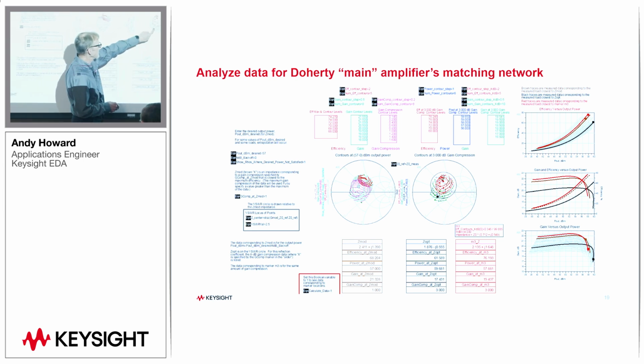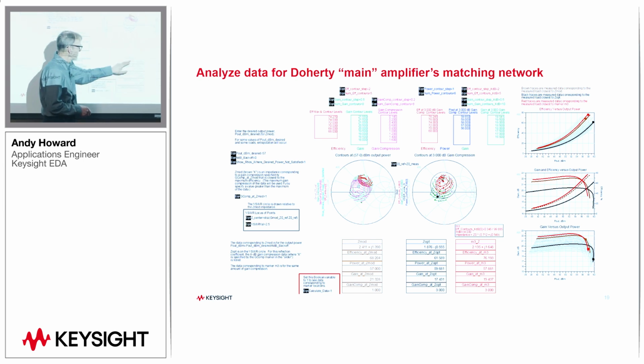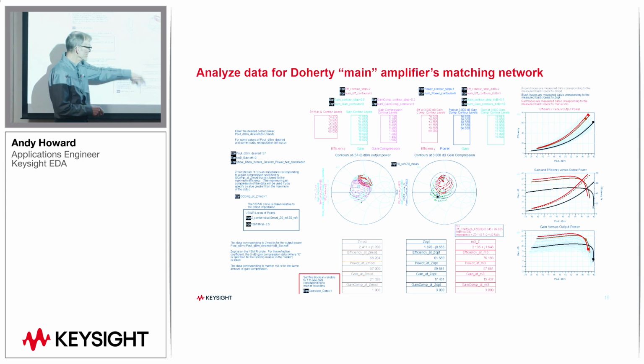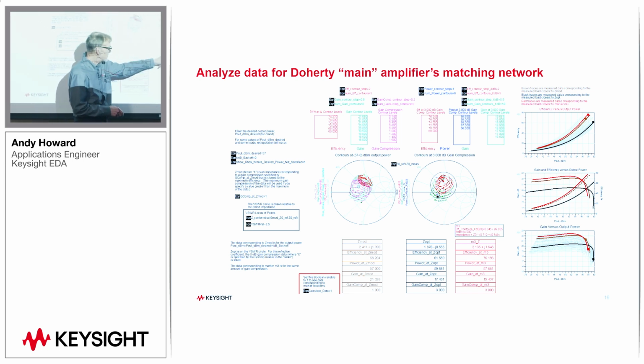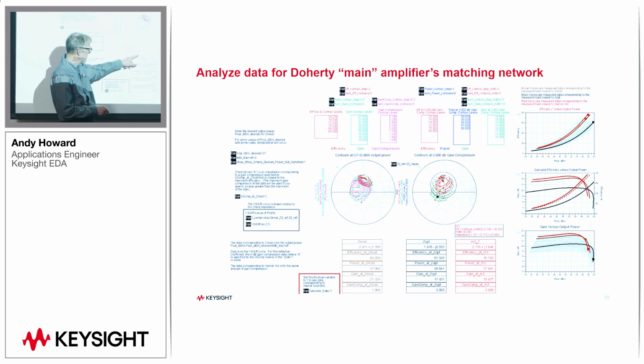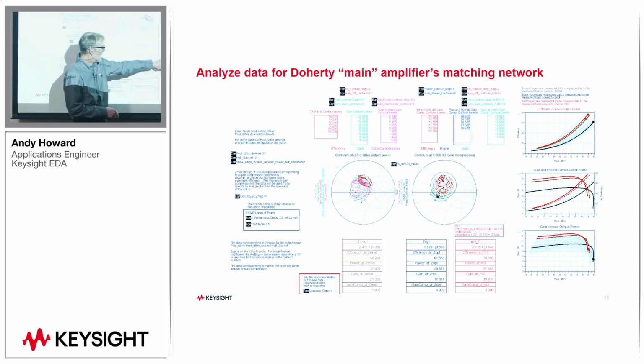And this X is the point on that circle that's closest to the maximum power load at this 3 dB gain compression point. And then these are the corresponding Z-mod impedance and data for that load impedance, and the Z-opt impedance and corresponding data.